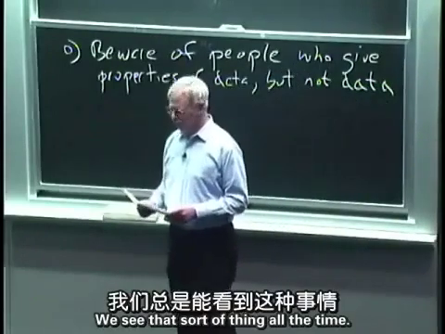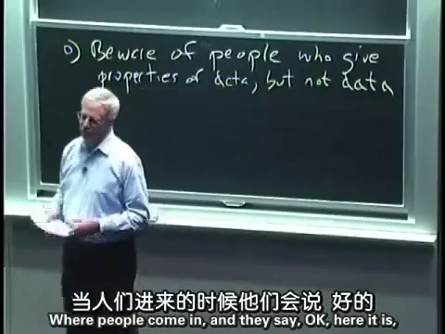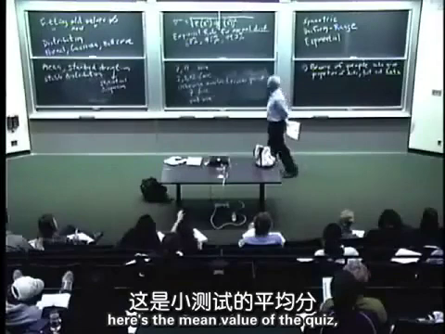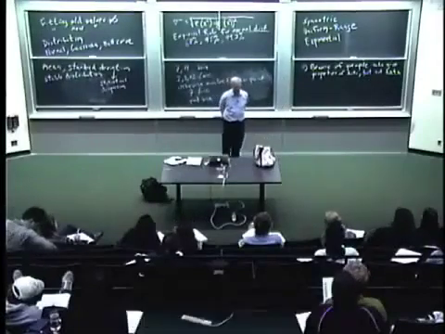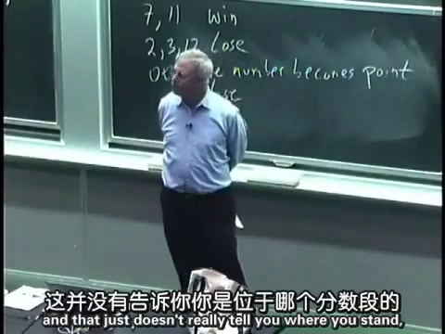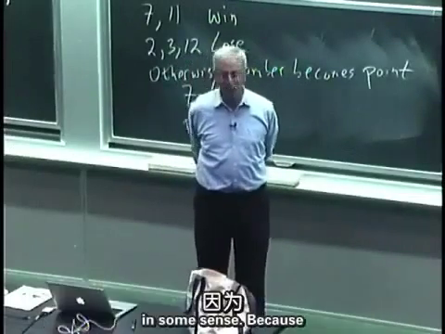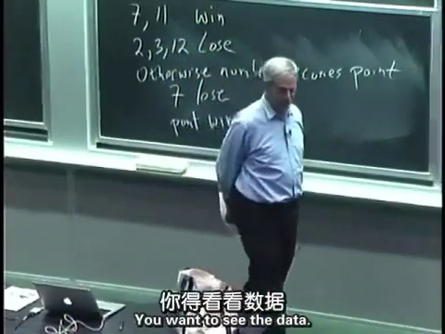We see that sort of thing all the time, where people come in and they say, okay, here it is. Here's the mean value of the quiz, and here's the standard deviation of the quiz. And that just doesn't really tell you where you stand, in some sense, because it's probably not normally distributed. You want to see the data.